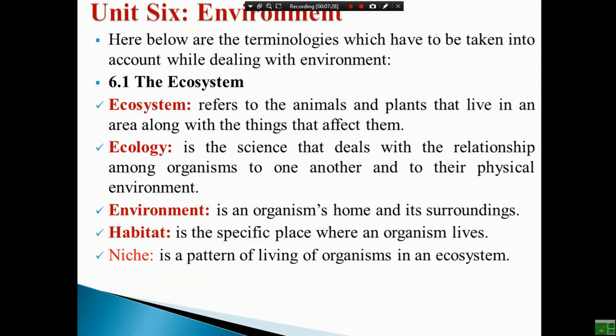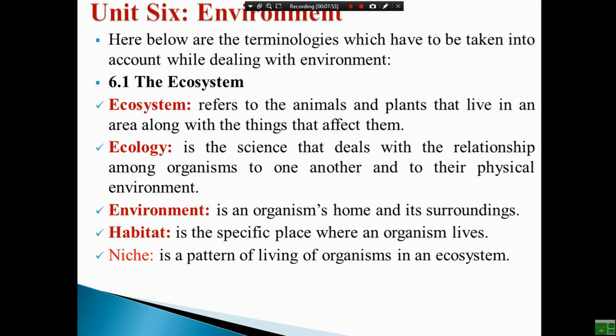6.1 is the ecosystem. Your textbook says ecosystems refer to the animals and the plants that live in an area along with the things that can affect them. Ecology is the science that deals with the relationship among organisms to one another and to their physical environment.